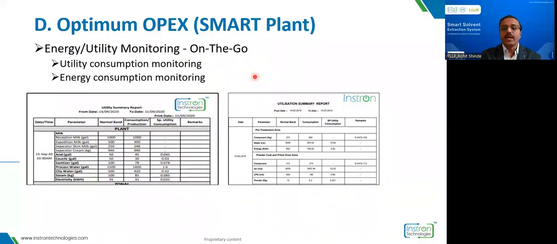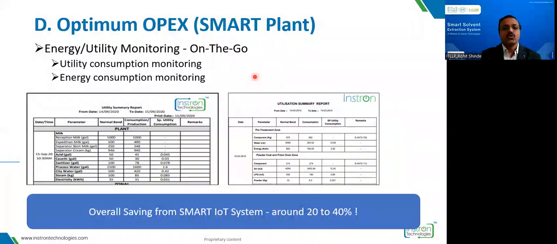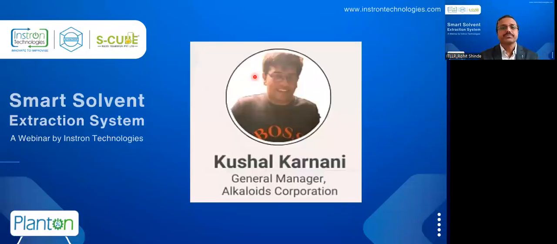Ultimately, revenue can be increased. So this is about the smart solutions. By supplying such systems, we could achieve savings in the 20 to 40% range. We are confident that we can provide solutions which can help you increase your saving. Thank you. I will hand over to Milind now.